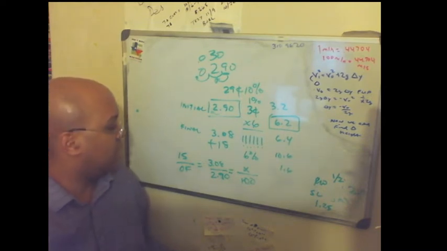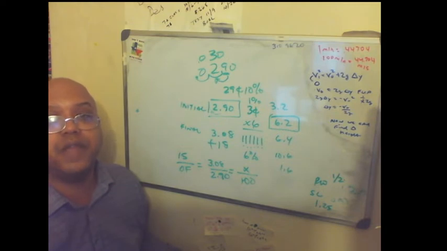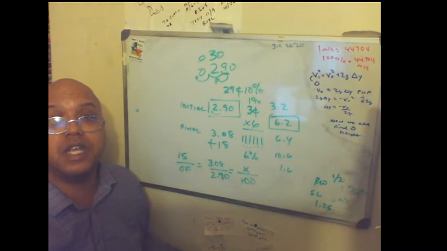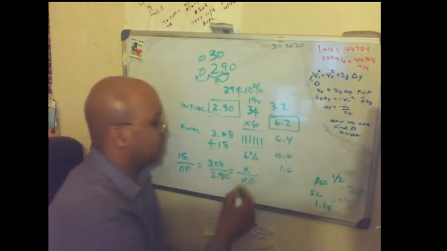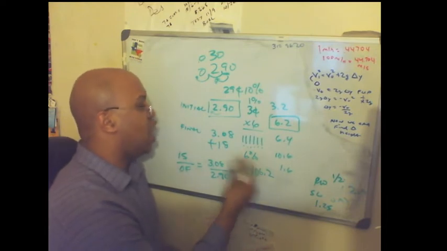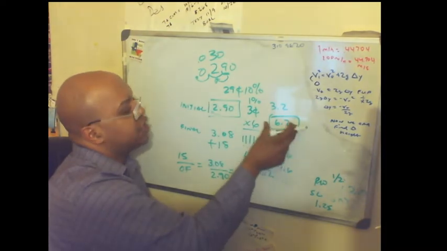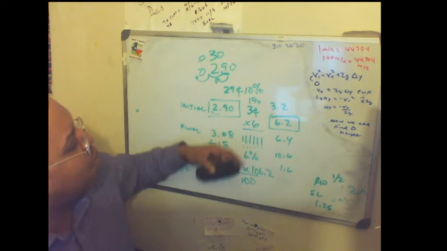But basically 308 times 100, move the decimal point over to 308 for our answer, and then we would have 308 divided by $2.90, and the answer I get is 106.2, which would be 106.2%. So it meets the 100% and increases by 6.2. So both of my methods work.